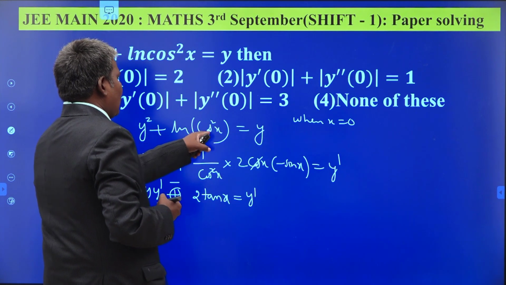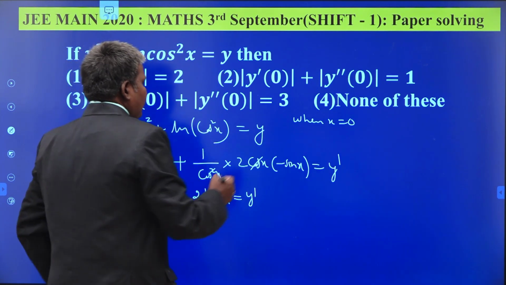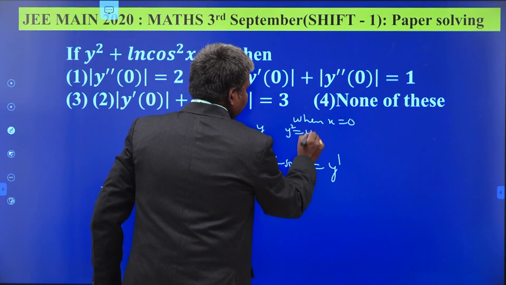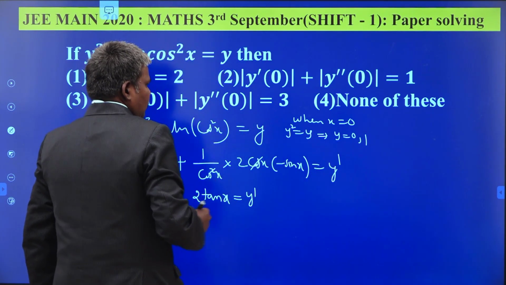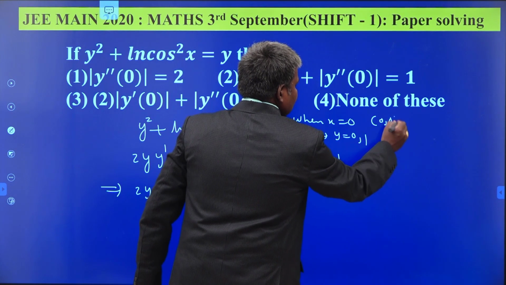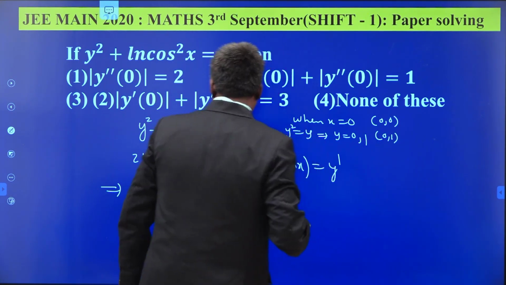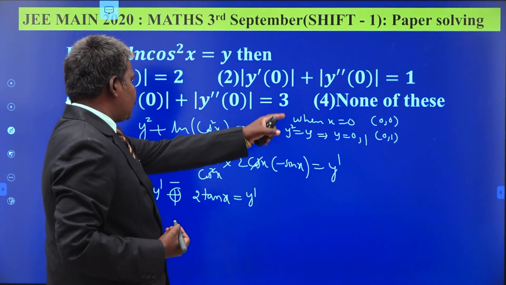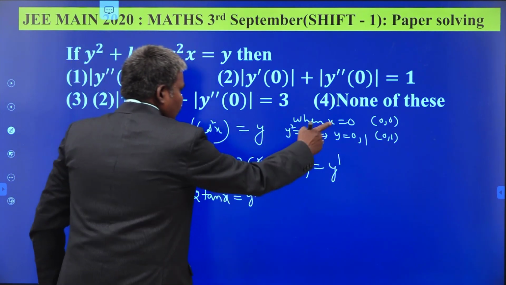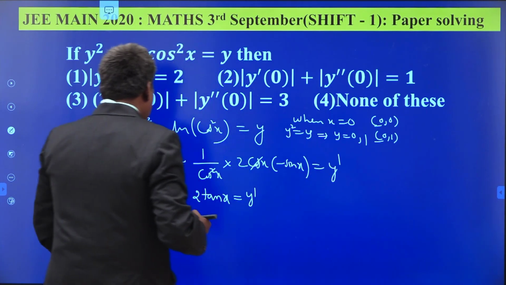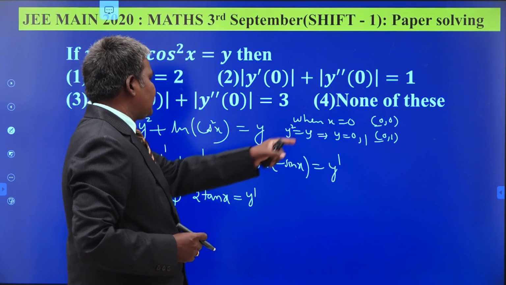y square, log 1 is 0. y square equal to y implies either y is equal to 0 or y equal to 1. So the possibilities are (0, 0) and (0, 1). Now for (0, 0), what about y dash at 0? When x is 0, your y value may be either 0 or 1.